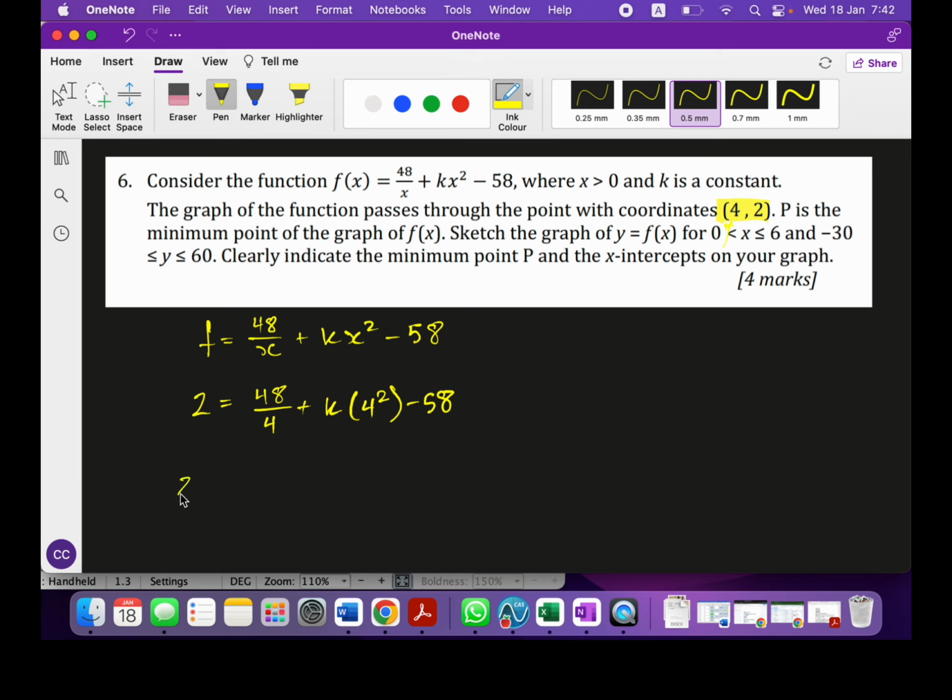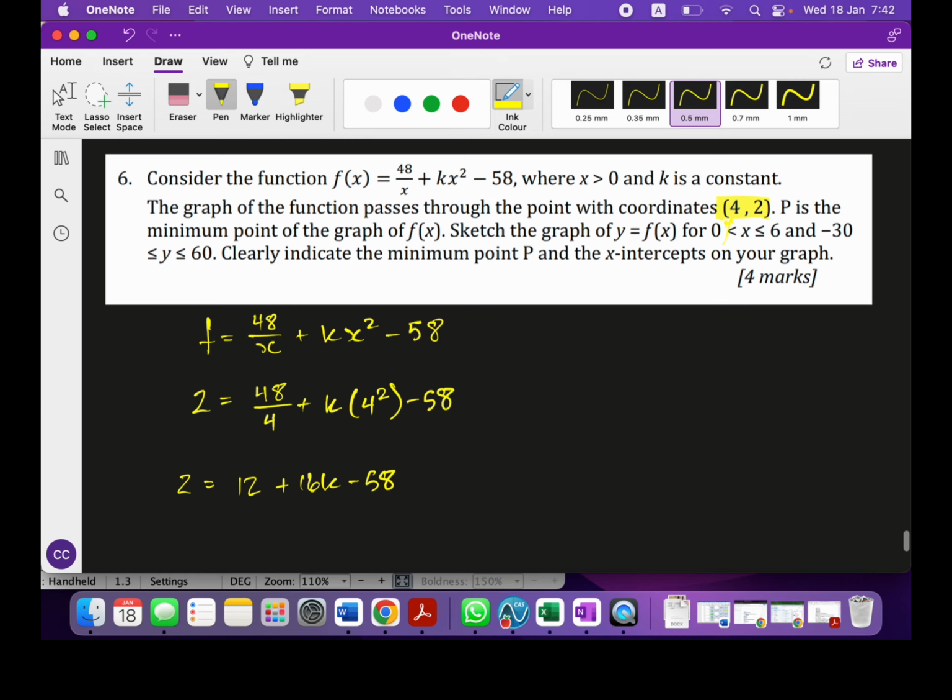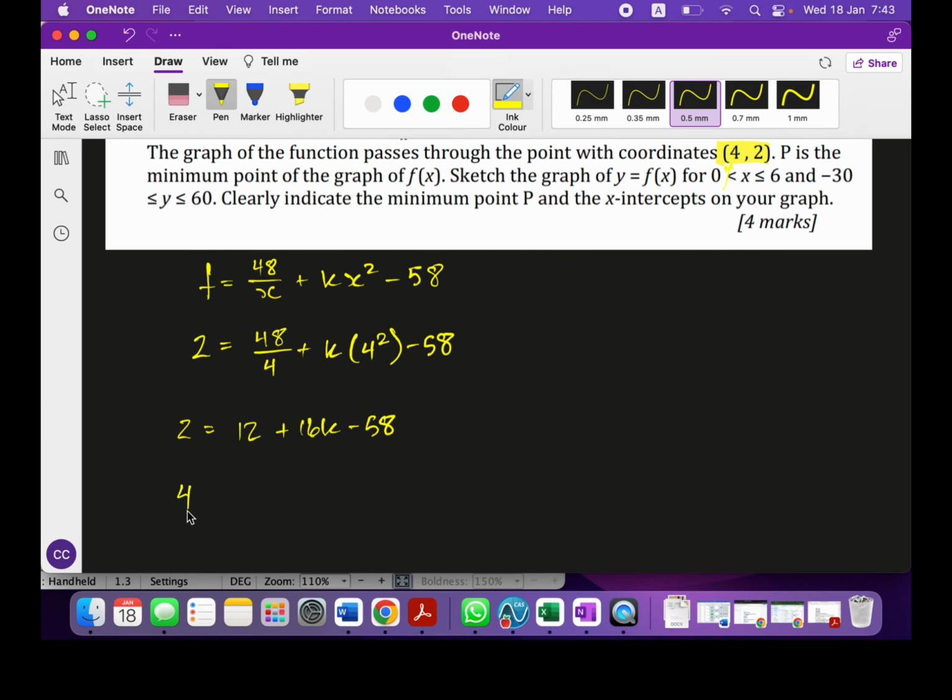So this turns into 2 is 12 plus 16k minus 58. 12 minus 58 is negative 46. So we get 48 is equal to 16k.